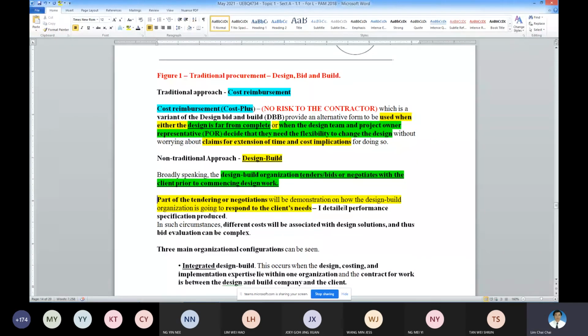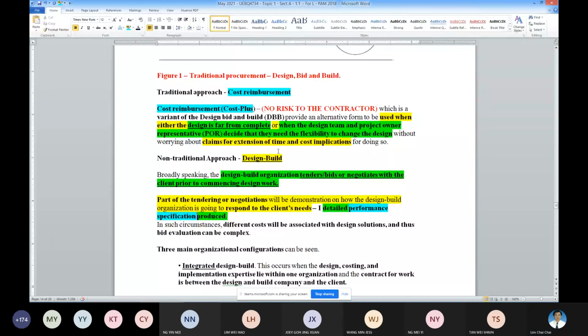Under the design and build, the client must produce a performance specification, because the contractor will design basing on your performance specification. You don't have to produce any detail of the design, but you need to produce a performance specification. Because if the performance specification changes, cost will change. So these are the impact of the design and build approach.